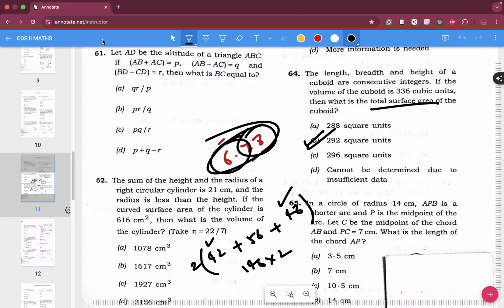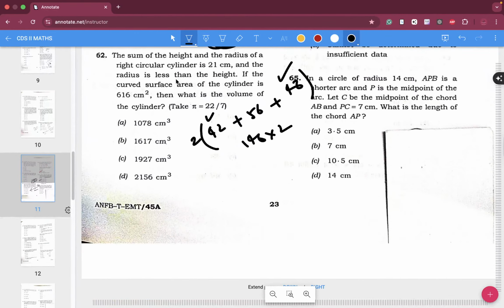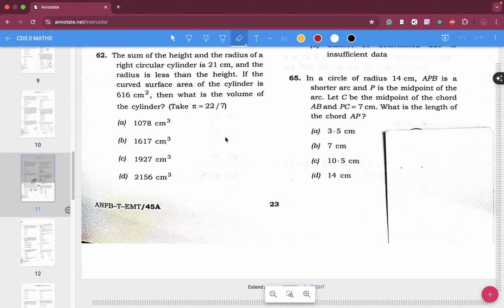Now moving on to question number 65. The 11th last question for the day. In a circle of radius 14 centimeter, you have a circle over here, and the circle has a radius of 14 centimeter.